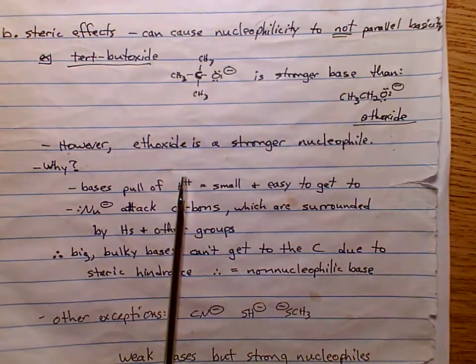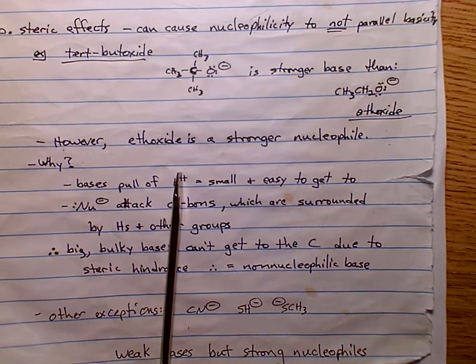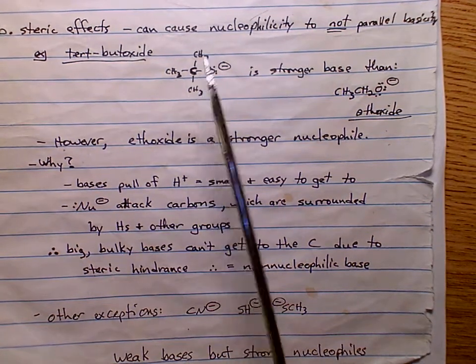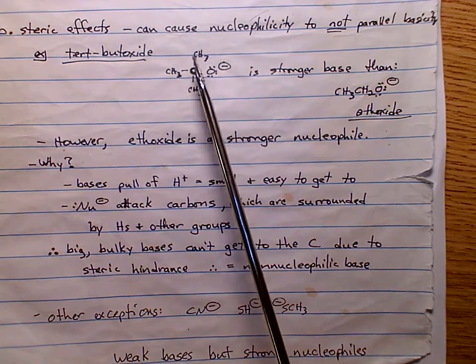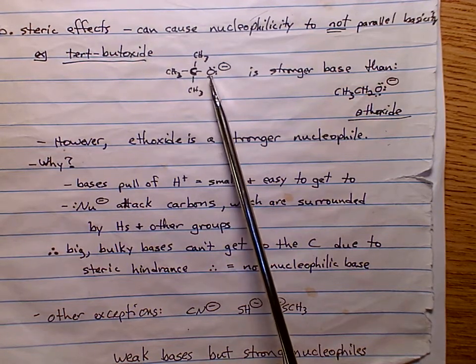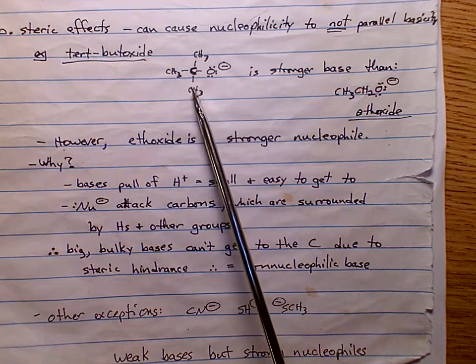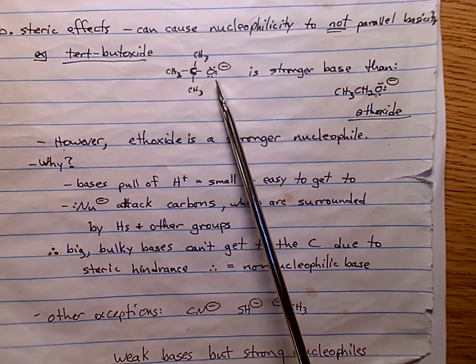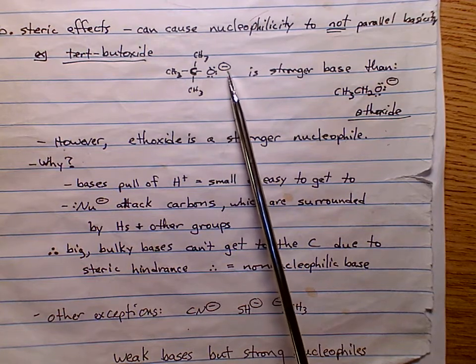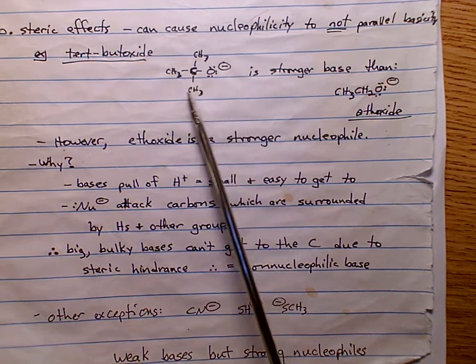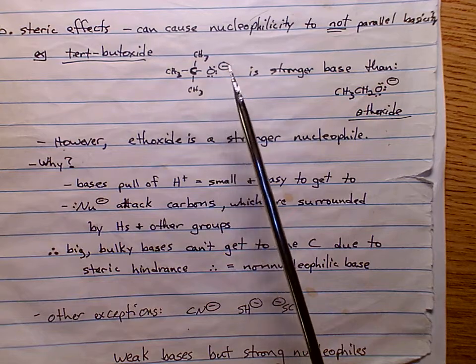There's just too much steric hindrance. The more bulky the group is, meaning the more shrubbery, as one might say, the more substituents on the carbon that contains this oxygen here, the tougher it is for this oxygen to get into a positive carbon. Now, it's easy to snag a proton. Protons are on the outside, but it's very difficult for this guy to attack a carbon.